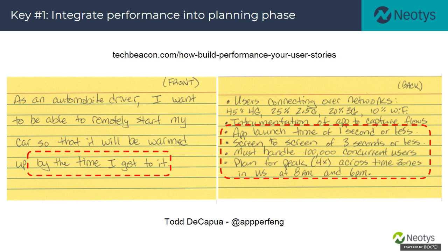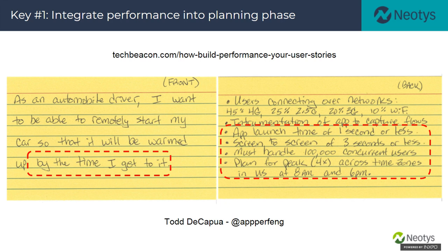There's a couple of different examples like this, but it's one thing to write the front of your user story card as: as an automotive driver, I want to be able to remotely start my car so that it will be warmed up. But the important part is by the time I get to it, because if it's warmed up 30 minutes in and you've had to sit in a cold car, it's not satisfying the person's intent.